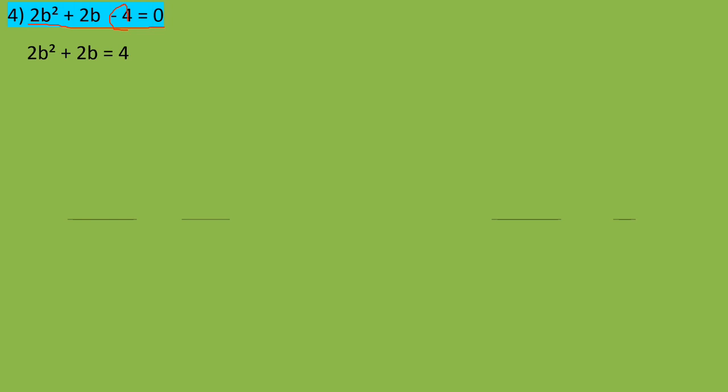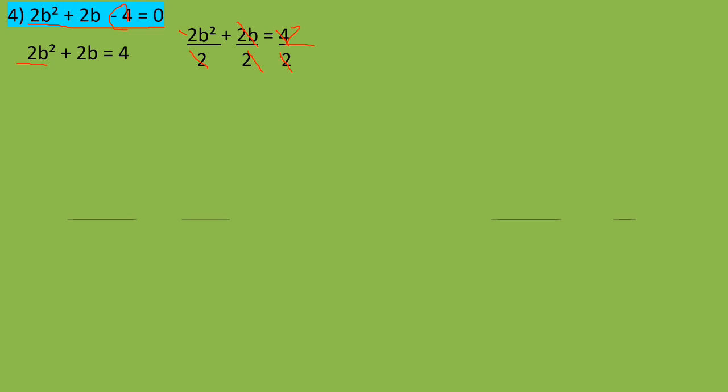Then, since a ay 2 greater than 1, so i-divide natin lahat ng term by 2. Okay? So, meron na tayong 2b squared plus 2b is equal to 4 divided by 2. So, cancel, cancel, and then 4 divided by 2, this becomes 2.